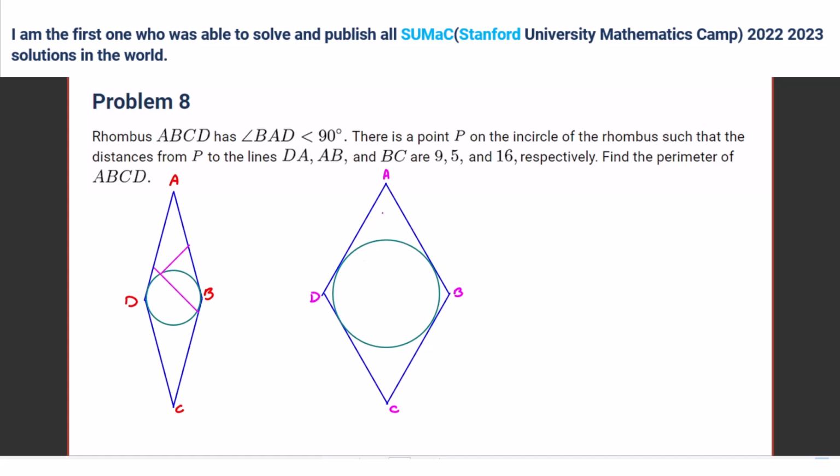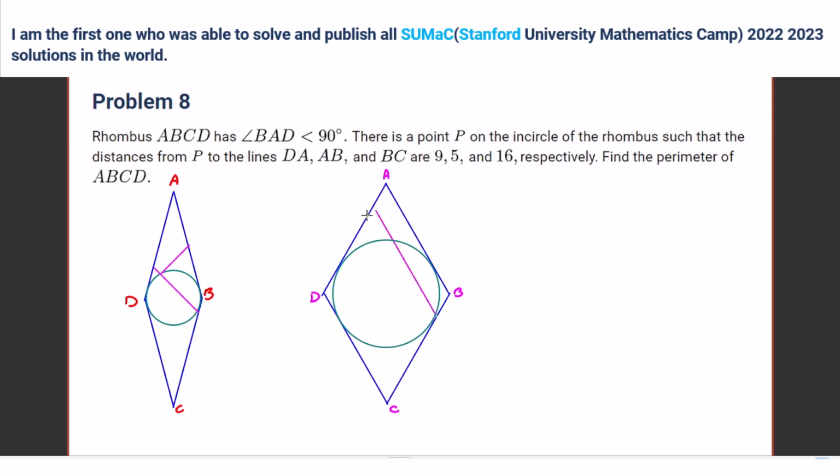So if I want to connect them, in which position is better to draw? If P is here, do you agree DA should be 9? So I think some positions like this, right? P. Then this is 9, it is 16, and that one is 5, right?